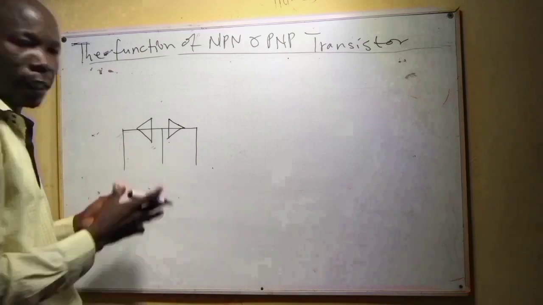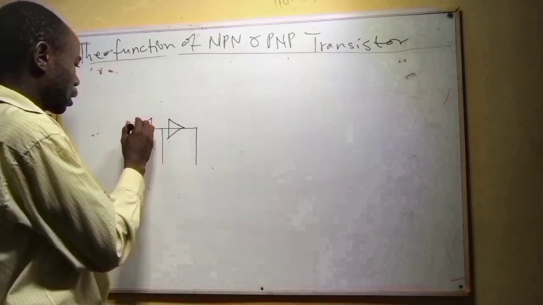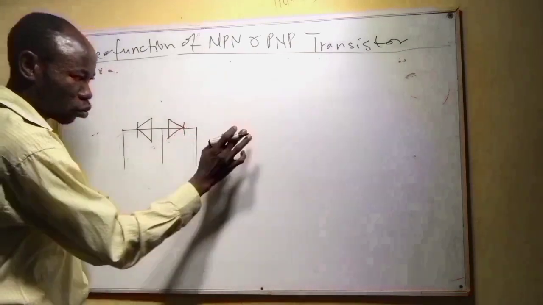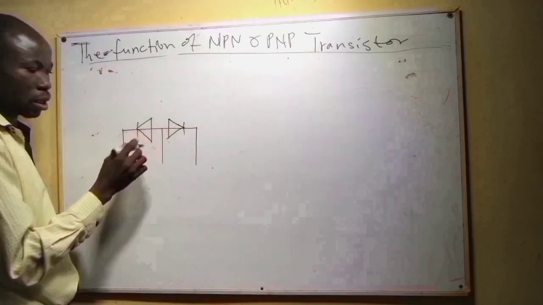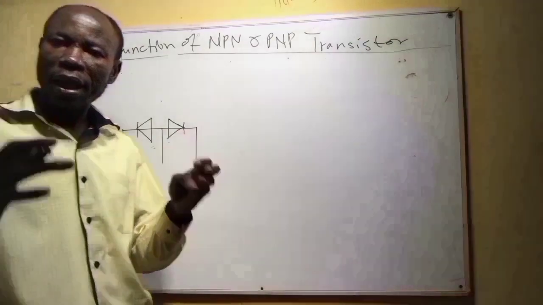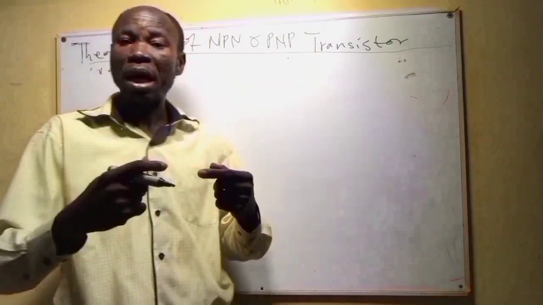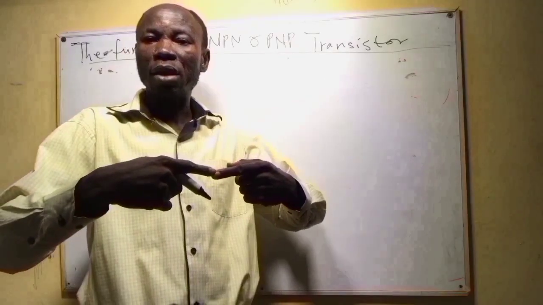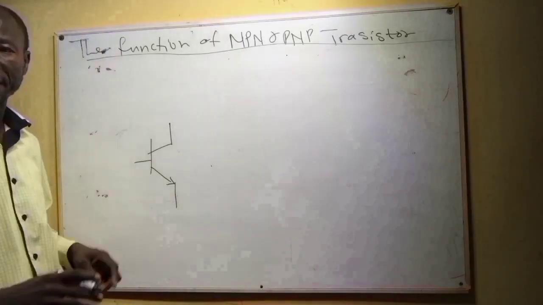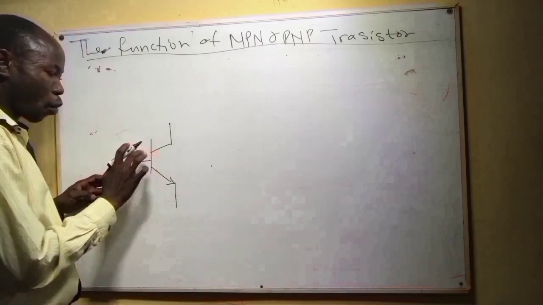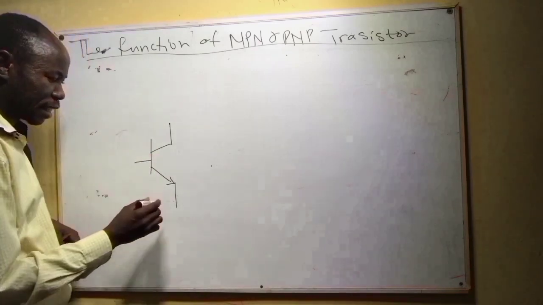You see, this is a diode. This place is the cathode, and here is the anode. So the NPN transistor is just like two diodes joined together. This is the diagrammatic symbol for the NPN transistor.